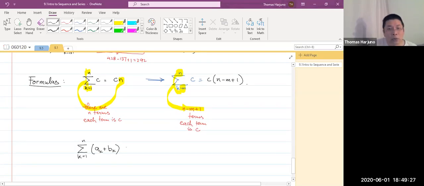That equals the summation for each term. The sum for the a terms plus the summation for the b terms. Actually, that applies also for subtraction.